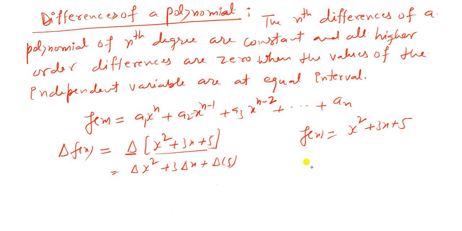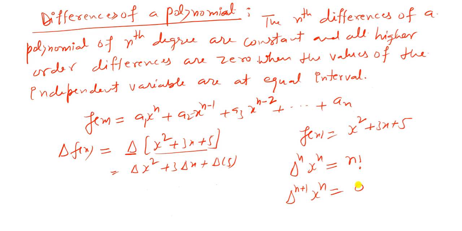We know that according to the statement of the given theorem, the nth difference of a polynomial of nth degree is constant, that is Δ^n x^n = n!, and all the higher order differences are 0, that is the (n+1)th forward difference of x^n is equal to 0.